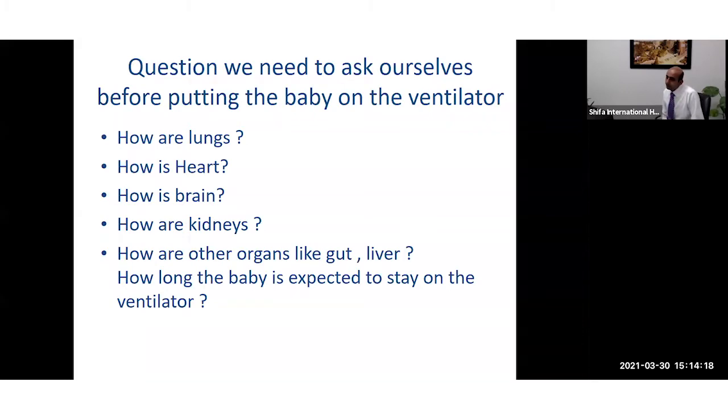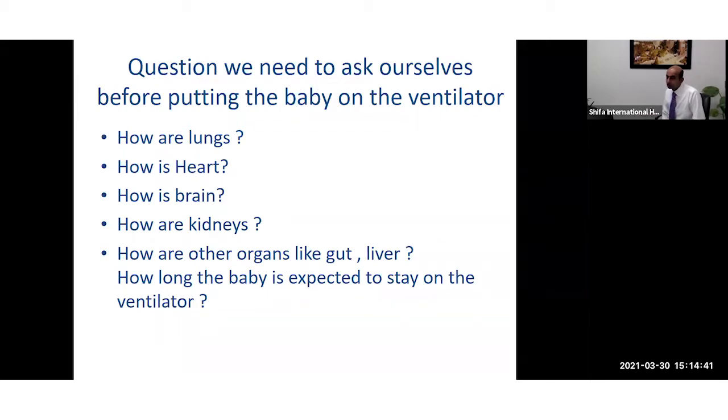So when we are going to put a baby on the ventilator, there are certain questions that we want to ask ourselves. Not only why we are ventilating the baby, the clinical indication, but on an individual basis, we also want to know how this baby's lungs are. Are the lungs normal or not normal? How is the heart?